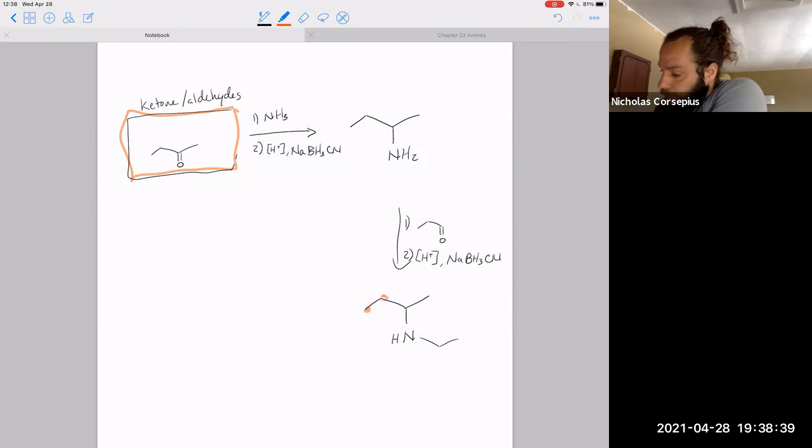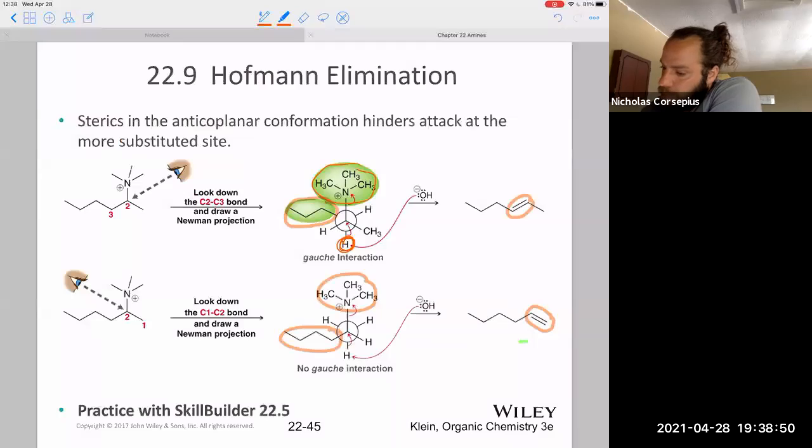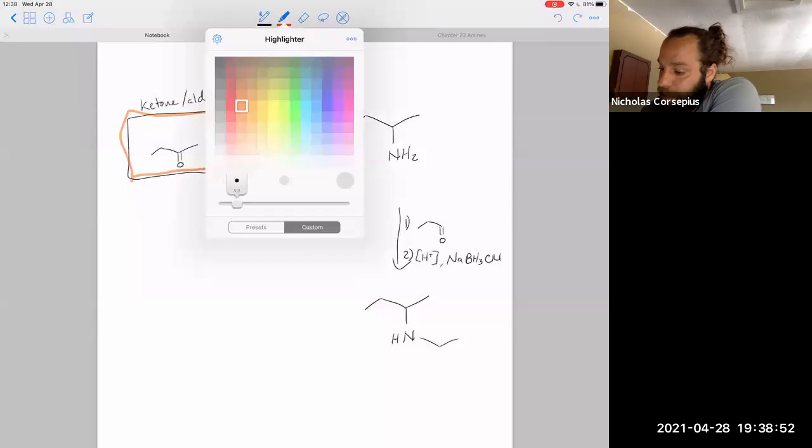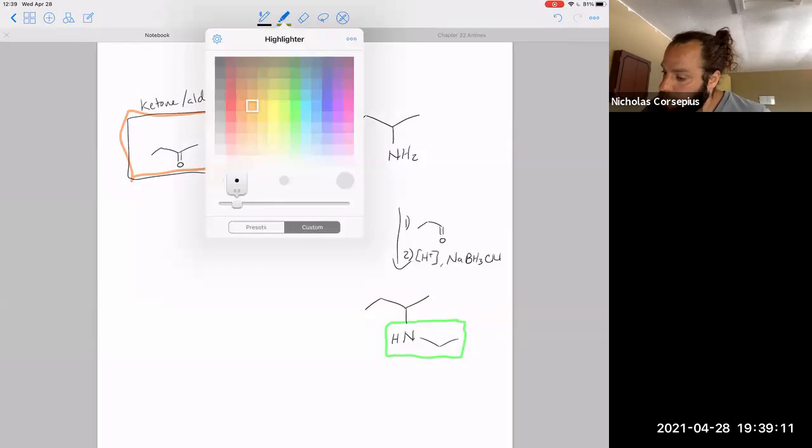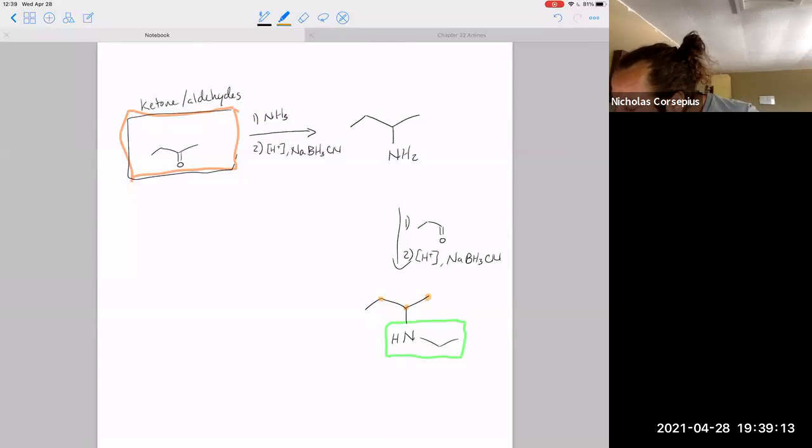It's very tempting to say that this would be your parent chain, okay? That's not the case. What's important to be able to see when you're dealing with amines is what to consider the functional group and what to consider the parent chain, or the substituent and the parent chain. In this case, this whole thing right here would be considered the substituent, and this longer chain is going to be the parent chain, okay?